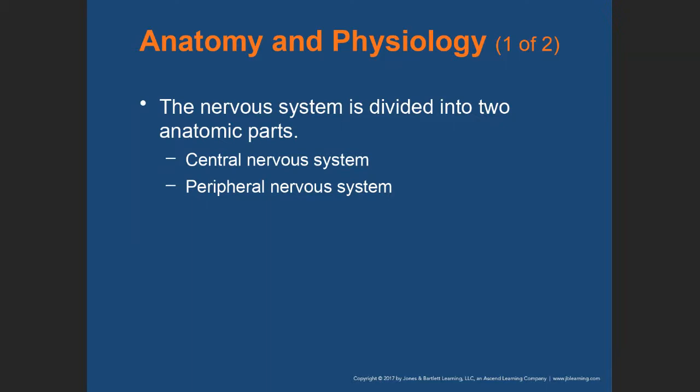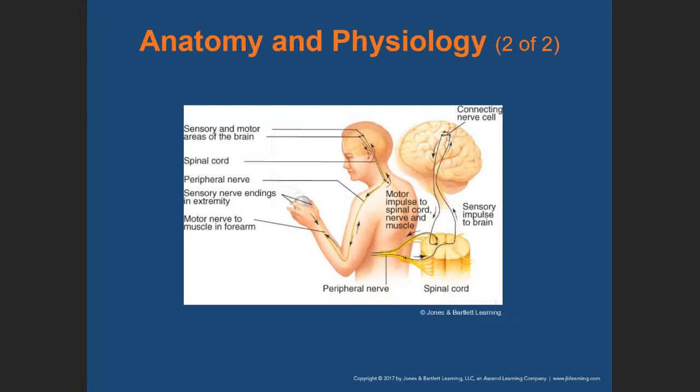The peripheral nervous system further divides into the somatic and the autonomic nervous system. The somatic nervous system is responsible for voluntary movement. However, you can get what is referred to as a reflex response.